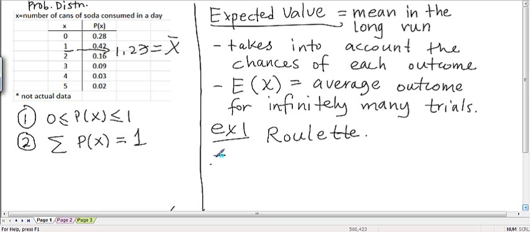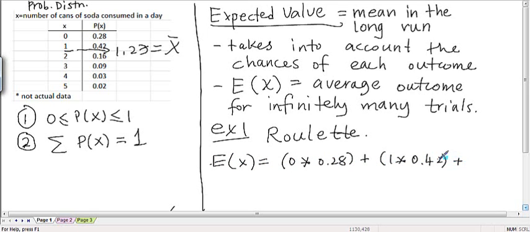Let's calculate the expected value for our original probability distribution. The expected value is, again, you take each x and you multiply it by its own probability. So I have 0 times 0.28 plus 1 times 0.42 plus 2 times 0.16 and so on.